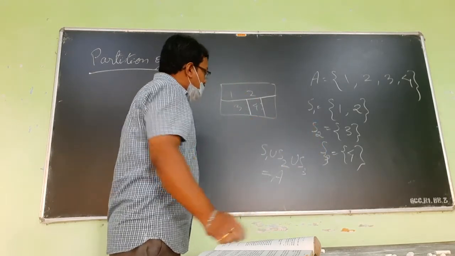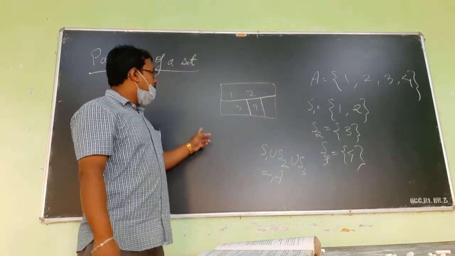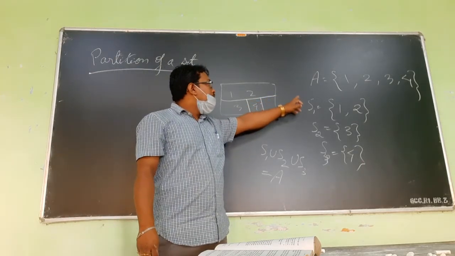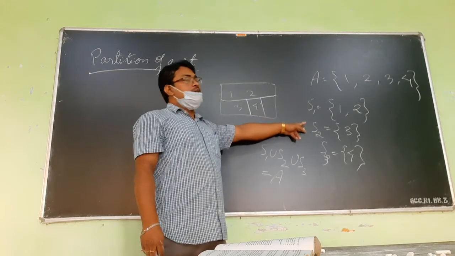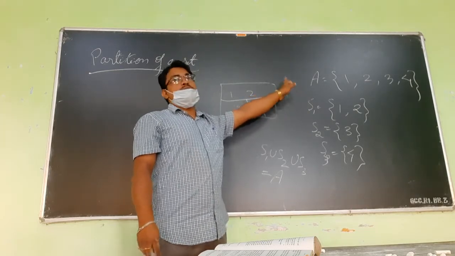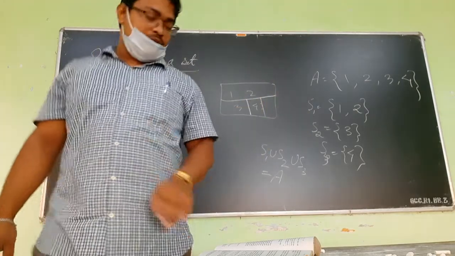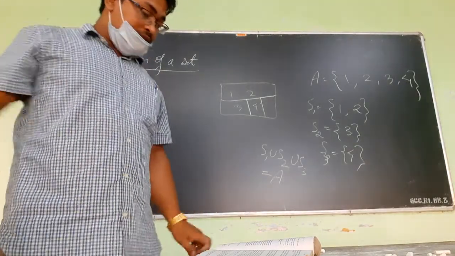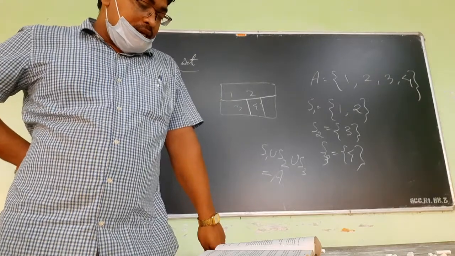So what is a partition? A partition is a collection of non-empty subsets of a set which are mutually disjoint, and their union is the whole set. So we'll write this here. Partition of a set.